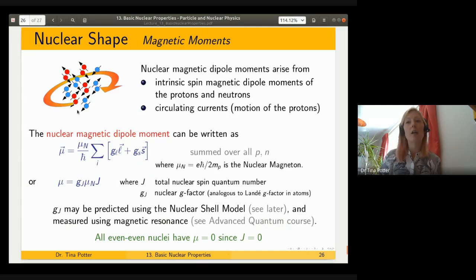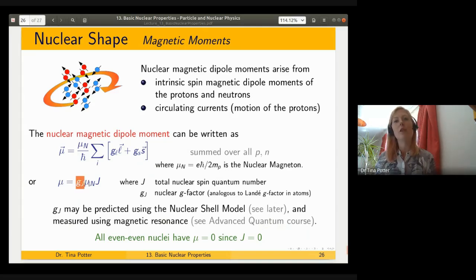So this is our nuclear magneton again, this mu sub n, and it depends on our protons and neutrons here. Now we can simplify this somewhat by putting all of this sum here into g_J.